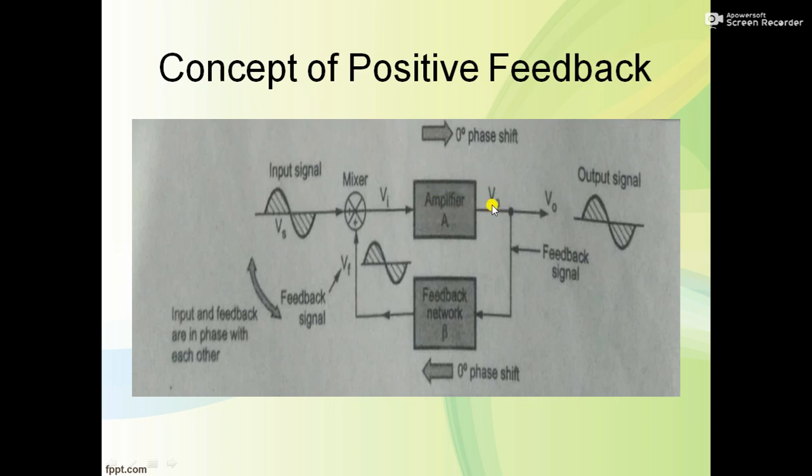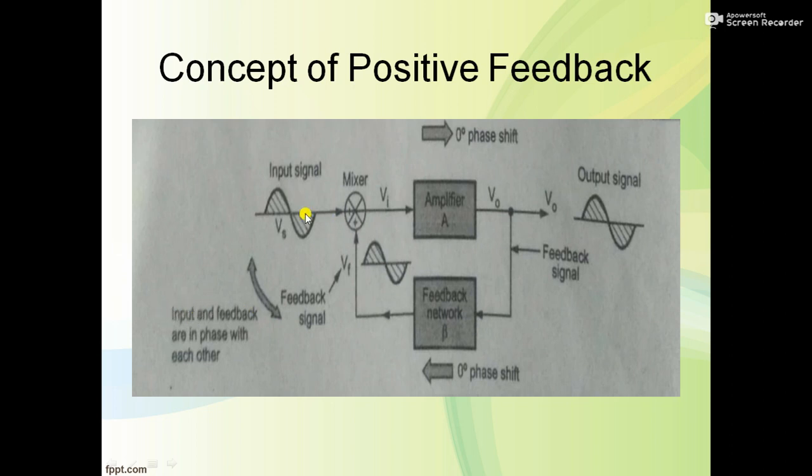Then we will get V0 in this form, and that V0 is sampled and fed back to the input side through the feedback network or feedback circuit, and here you get the feedback voltage Vf. On one side Vs is mixing, on the other side Vf is mixing. When both are mixed together, again we get Vi.